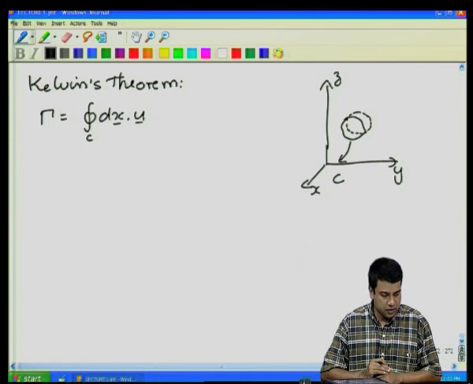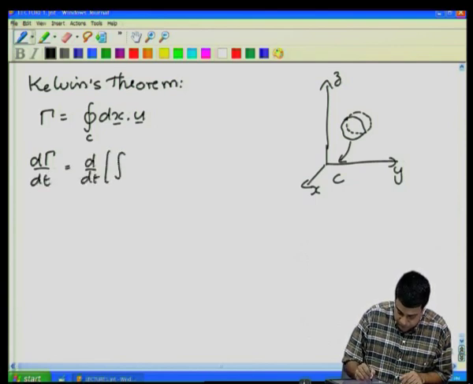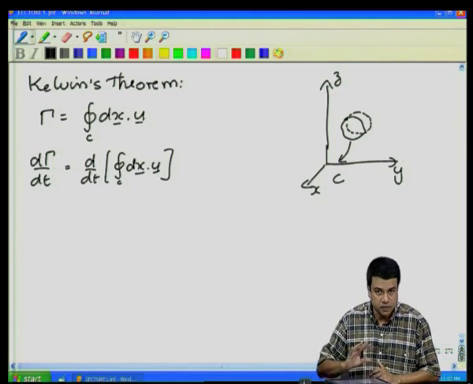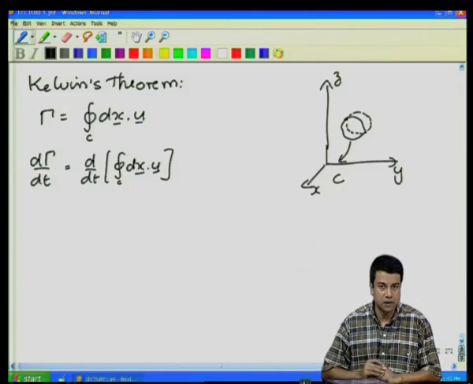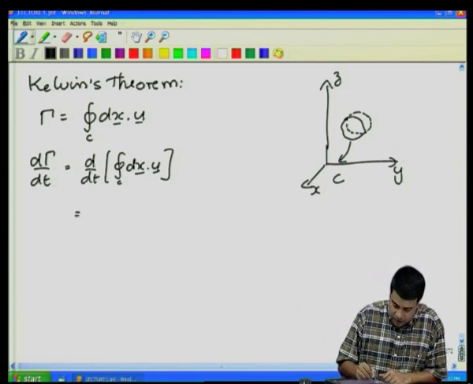And I had shown you the rate of change of circulation, that is the rate of change of circulation on this moving material loop of fluid that is moving with the same velocity as the fluid velocity at that location. Okay. This can be written as the kinematic viscosity times the integral of dx.